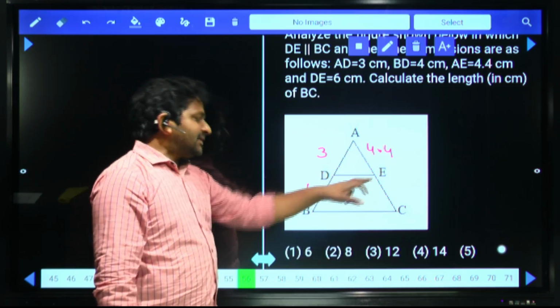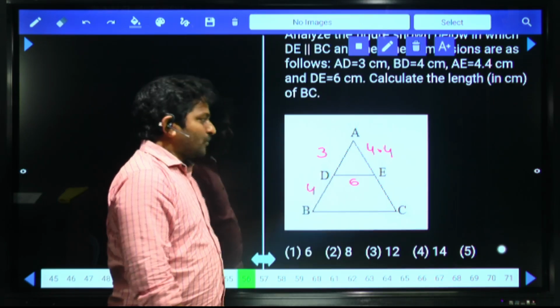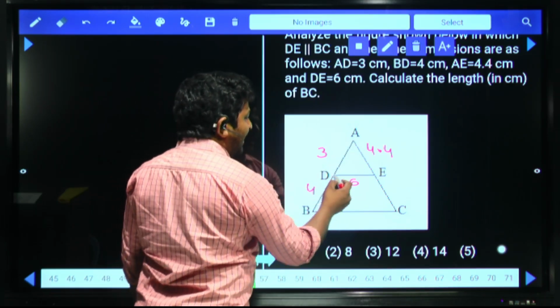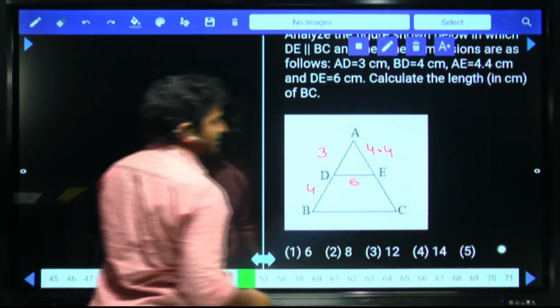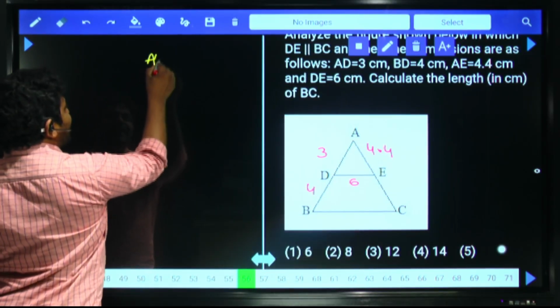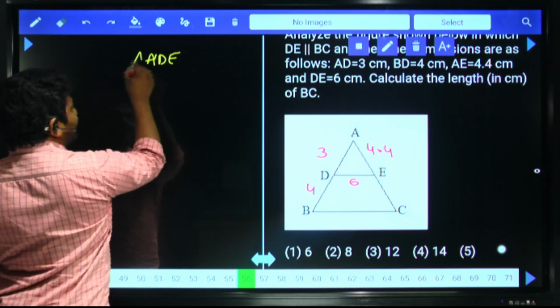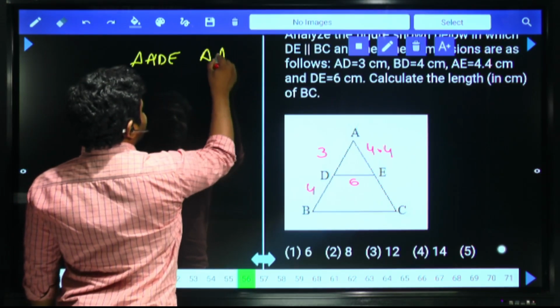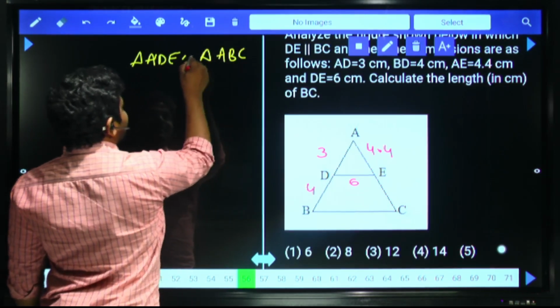Okay, now if DE is parallel to BC, then we can say triangle ADE and ABC are both similar triangles.